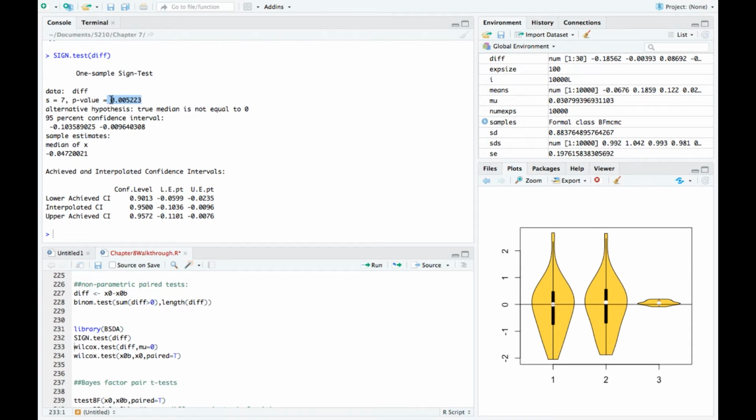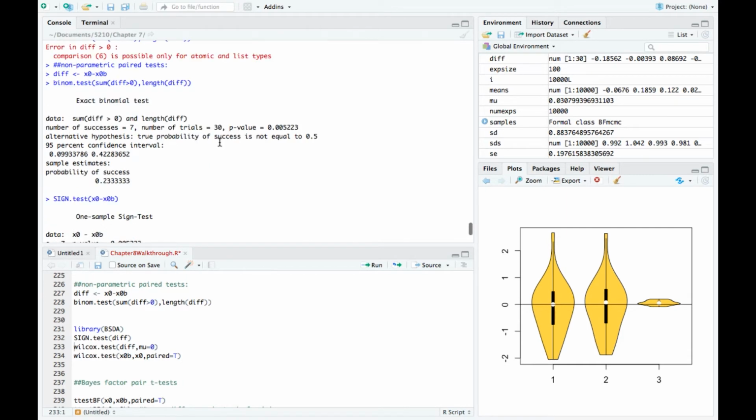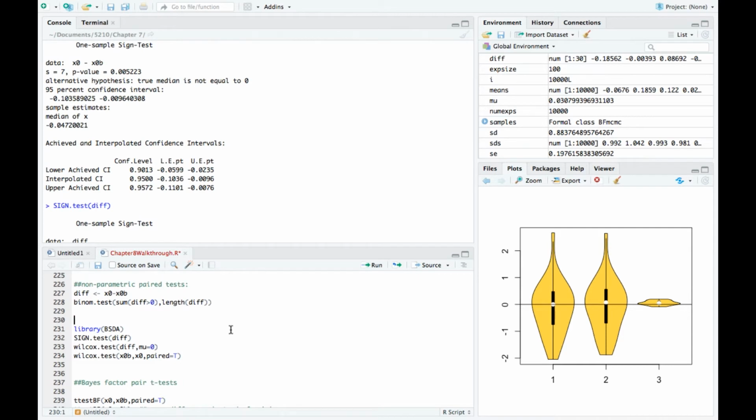S is equal to 7. P-value is 0.005. But if you have a paired samples t-test, actually there's a more powerful non-parametric, and that's using the Wilcox test. So the Wilcox test, what it does is it sort of figures out the relative positions of all of your pairs.